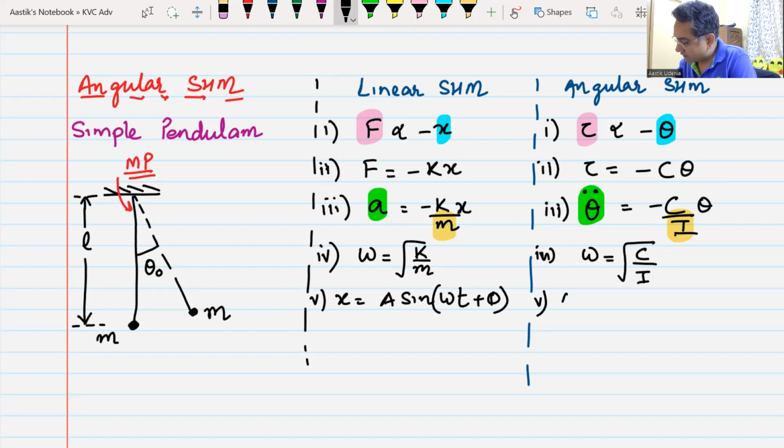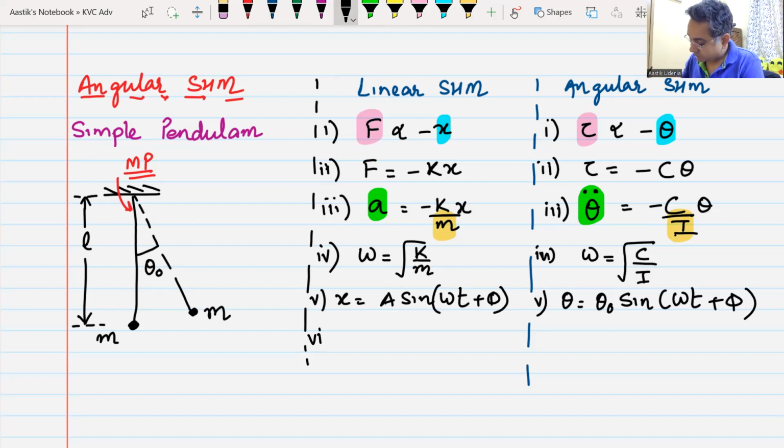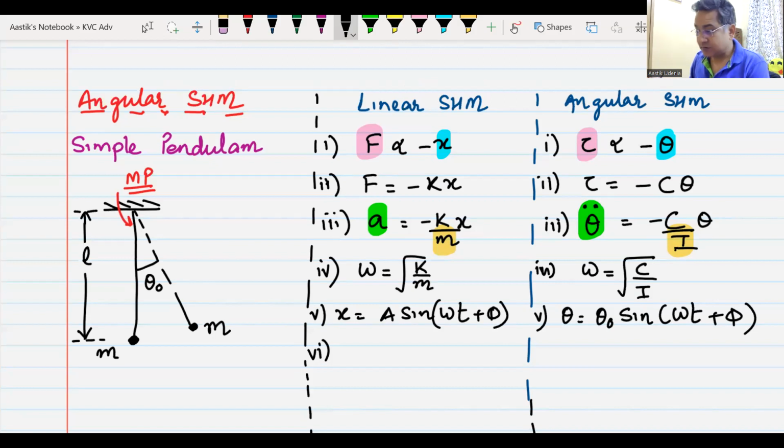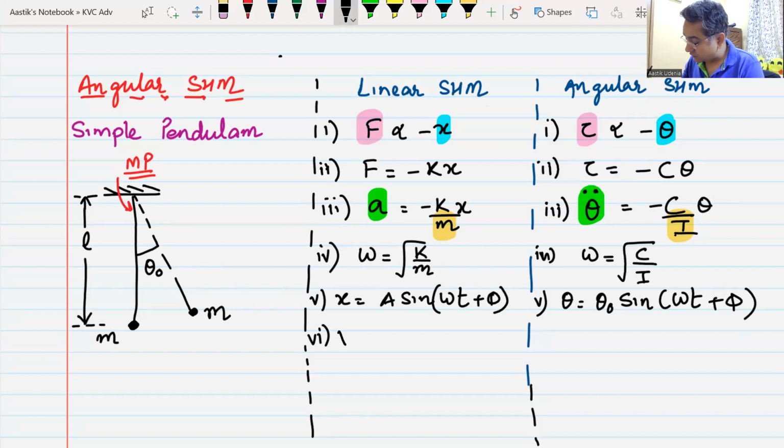So how will I write it? Theta will be equal to theta naught, where theta naught is the angular amplitude, sine of omega t plus phi. Sixth one, I differentiate this equation. I get the value of velocity v.